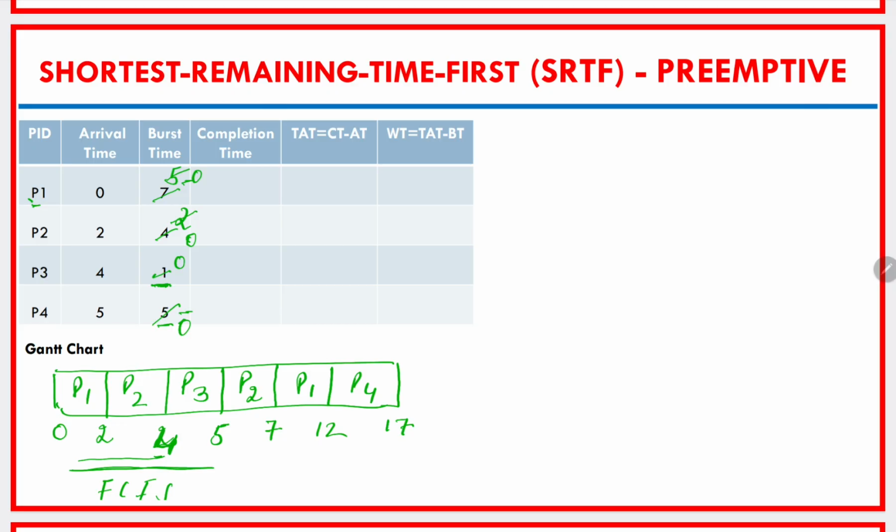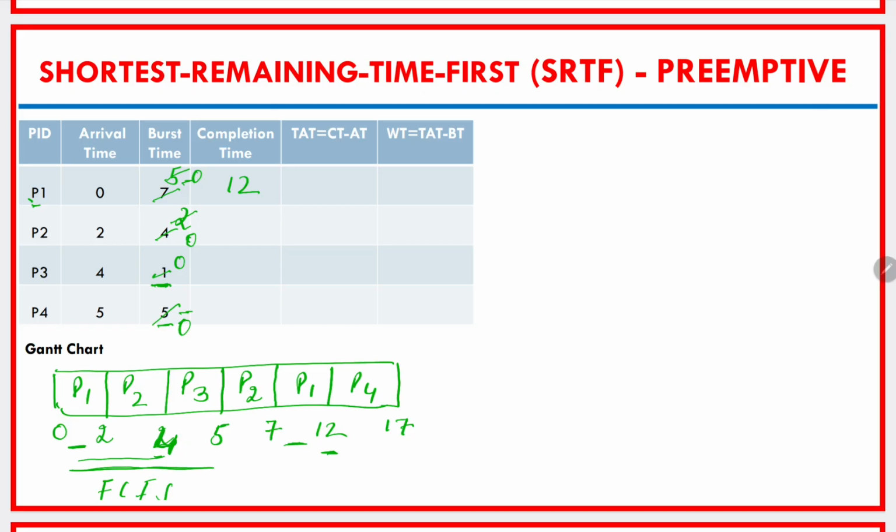So now we will see what the completion times of the various jobs are. P1 actually executed twice on the system, once during this phase, then in this phase. It completed its entire execution at this time. So the completion time of P1 is 12.